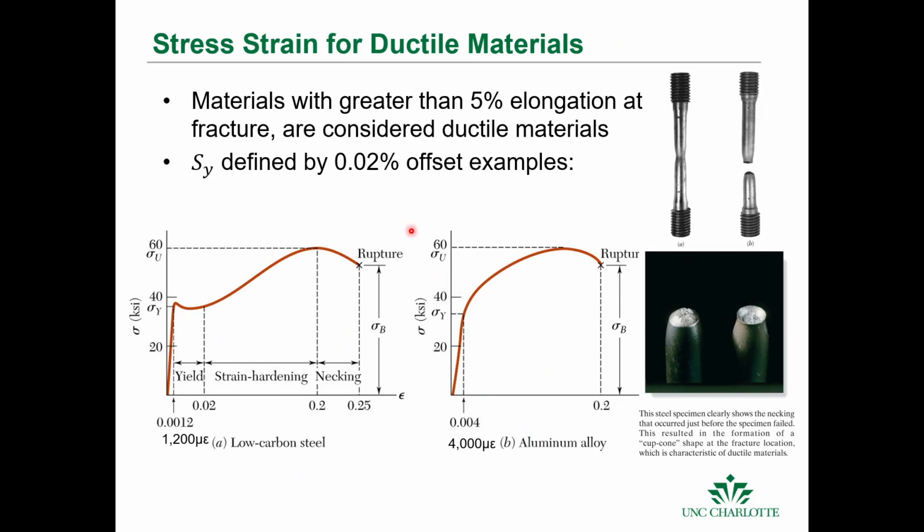This is an example of a couple other materials. This is, again, low carbon steel. In this case, we have very high strain before failure. And the yield stress here is defined as 0.0012, which you see is about the 0.02% of this value for the failure. In this case, this is an aluminum alloy, where we don't have necessarily a well-defined yield point. However, we take the strain at failure, multiply it by the 0.02%, and we can define this value of yield stress.